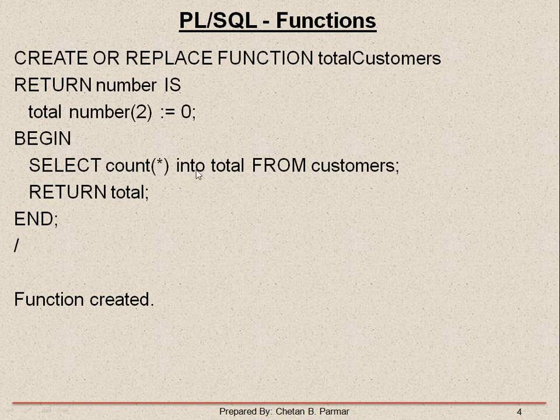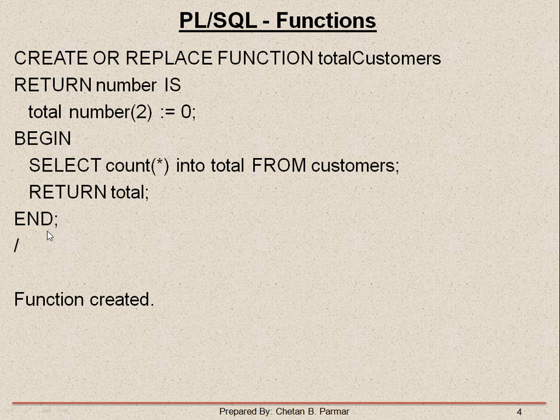So I write select count star into total from your table name, which is the customer table. Then I return this value: return total, and end. The termination is by end. You can also write the function name, total customer, after end, but it's optional.